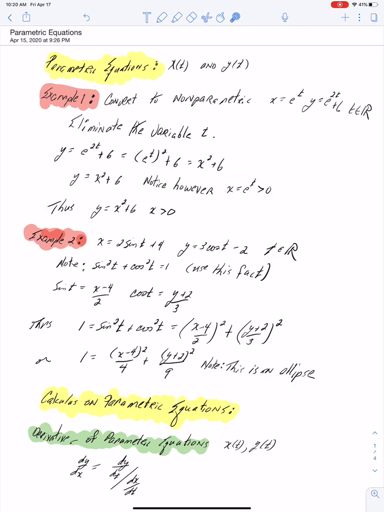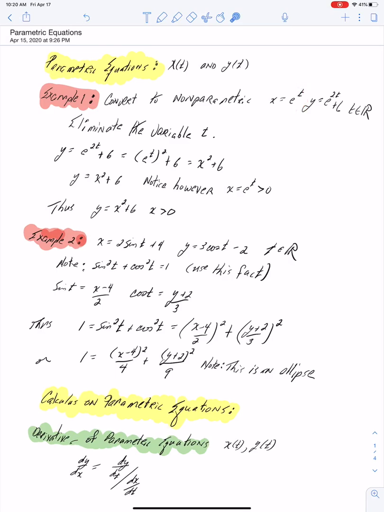So I need to put the restriction for x in here to be entirely correct. Okay, so y is equal to x squared plus 6, and it's only good for x greater than 0. Why? Because my parametric equation is only good for x greater than 0.